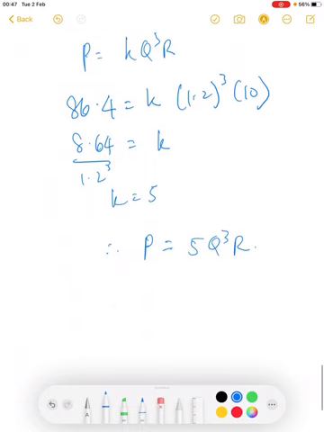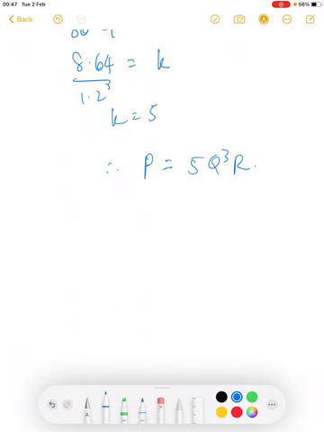So now we're going to find X and Y. So first X equals to 5 times cube of 0.4. So the answer is 16.